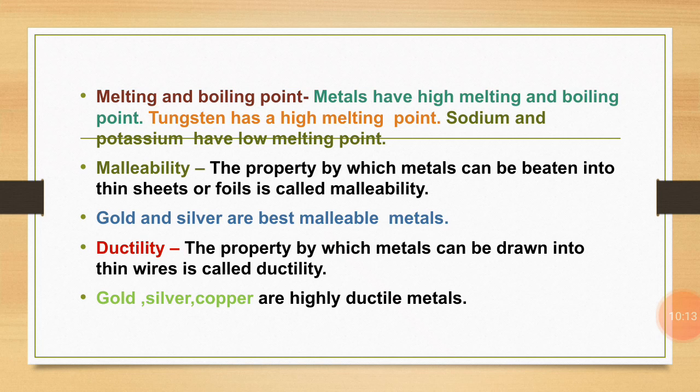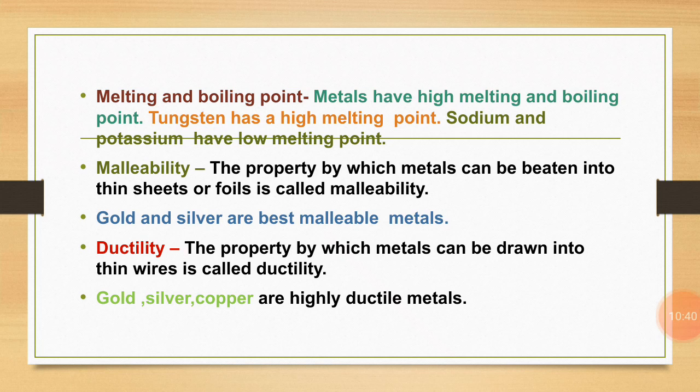The next physical property that they possess is malleability. First of all, let us learn what malleability is. Malleability is a property possessed by metals by virtue of which they can be beaten into thin sheets. When we hammer a metal, it can easily be converted into thin sheets or foils.